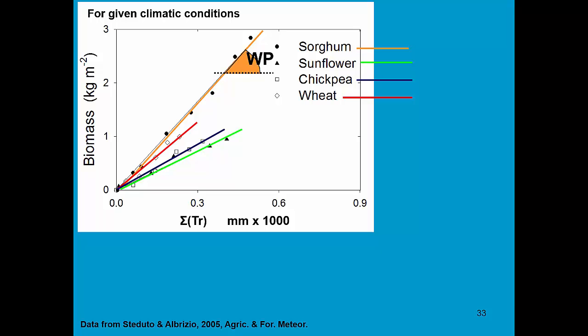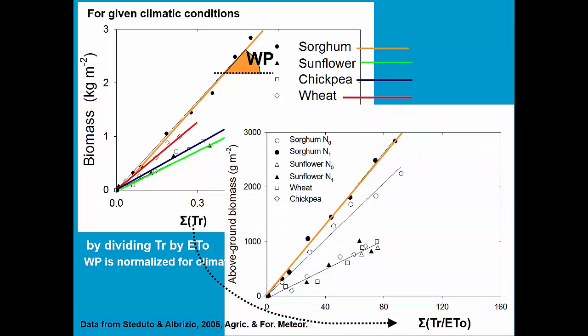So in different climates, in more colder temperate climates, for example, the slopes of the line will be different than in more tropical climates. Therefore, AquaCrop does not use water productivity as such, but it will normalize the water productivity for the climate. That normalization is done by dividing the daily amount of water transpired by the daily amount of ET0.